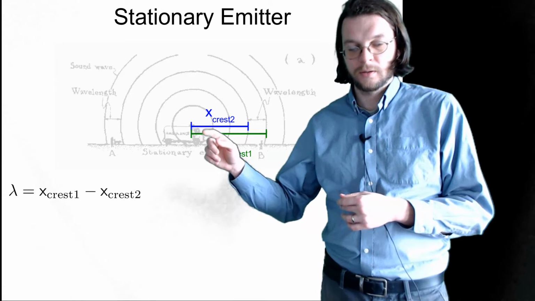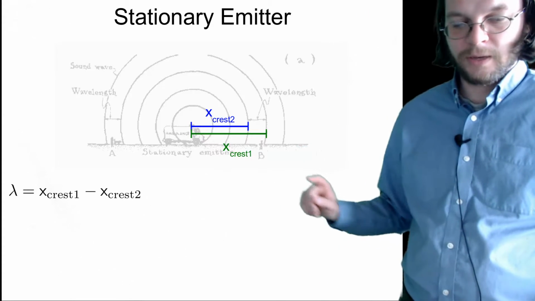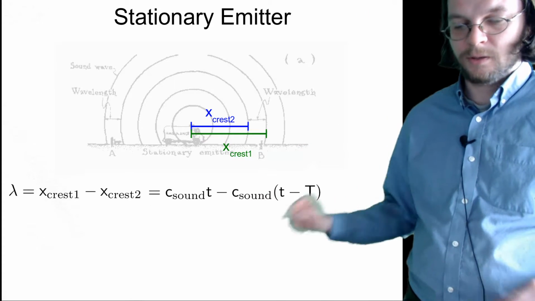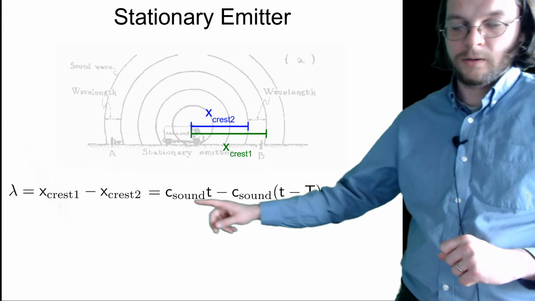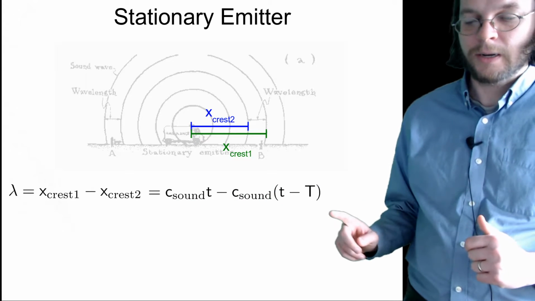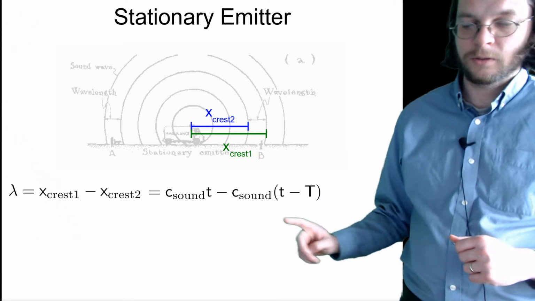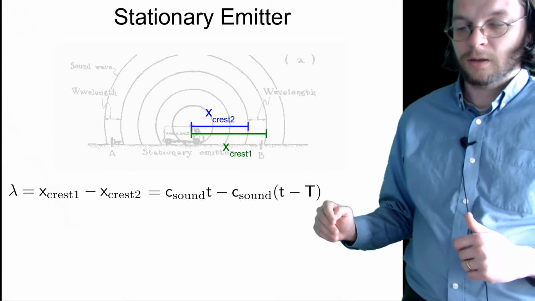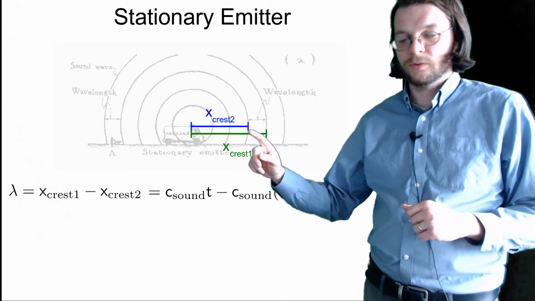So there's a speaker on this thing that's emitting a signal. And so crest 1 is moving ahead at its velocity times the time. Its velocity is the speed of sound times the time. And then crest number 2 is speeding ahead at the speed of sound times the time, but it's delayed. So the second crest doesn't happen until one period later. And so as a result, this second crest has not moved as far.